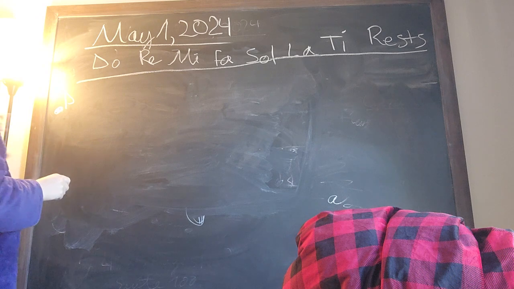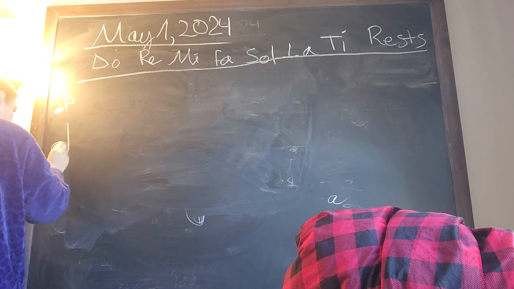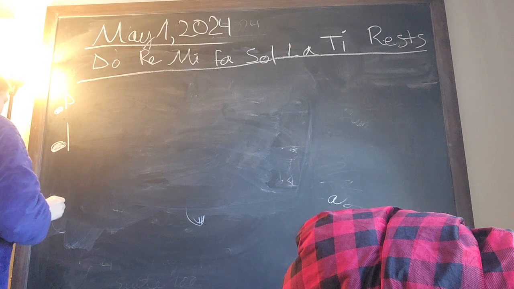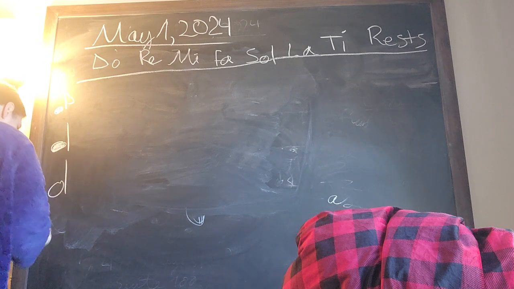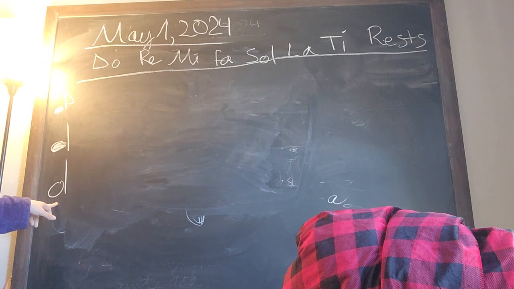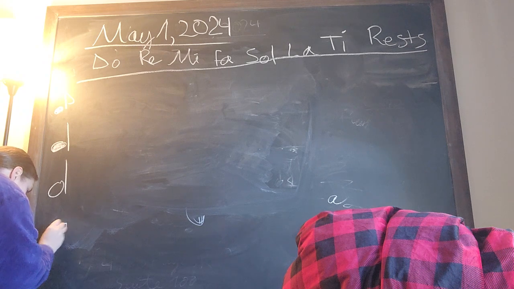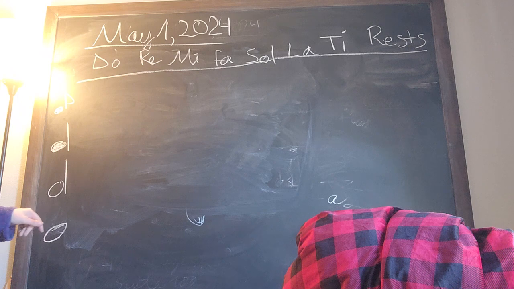So we got the quaver, and then we have the quarter note, which is the crotchet, and then we have the minim or the half note, and then we have the whole note or the semibreve.